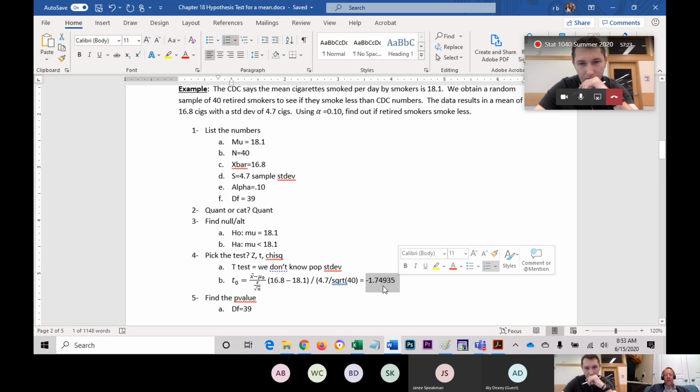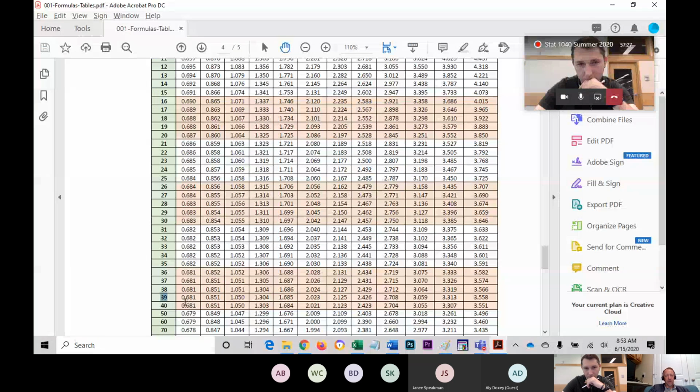So I'm going to ignore the negative and look on this line here and say, where does 1.74 fit? And so you can see that 1.74 is in between those two numbers. Does that make sense?